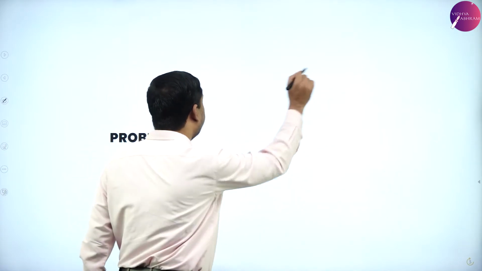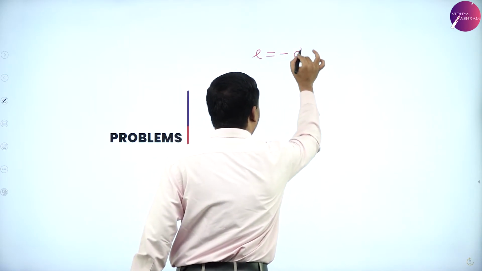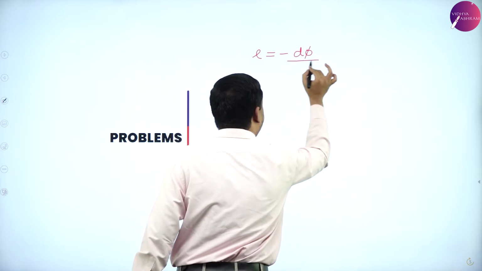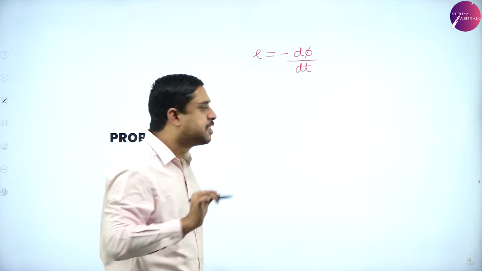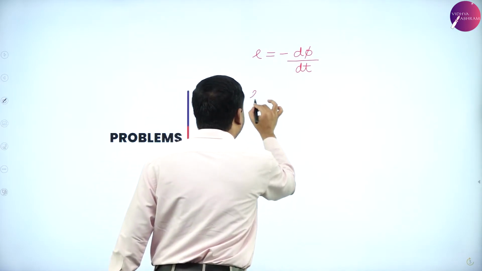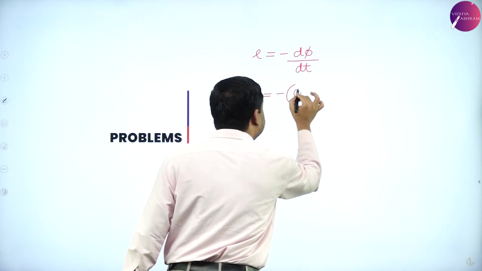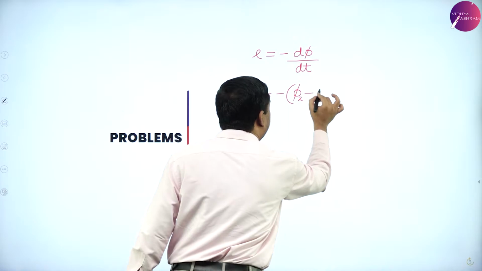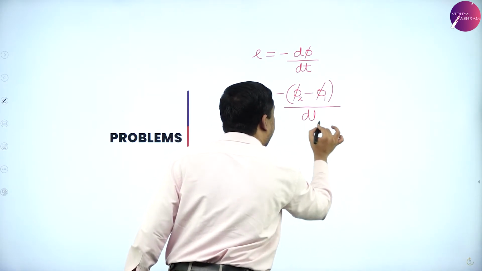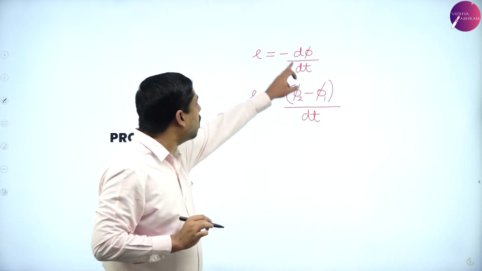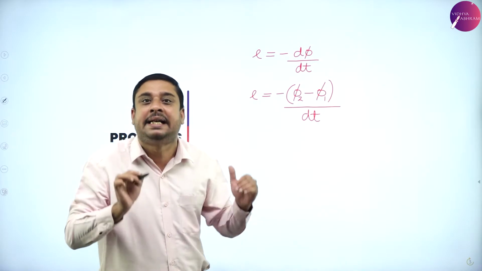So we know from Faraday's laws, E is minus d phi by dt. On substitution, E equals minus phi 2 minus phi 1 divided by dt. So d phi is the change in magnetic flux.